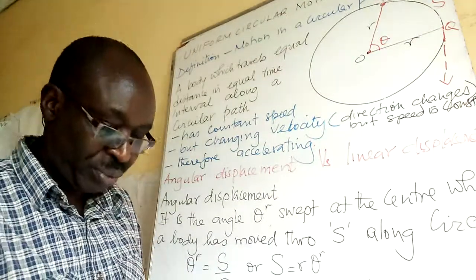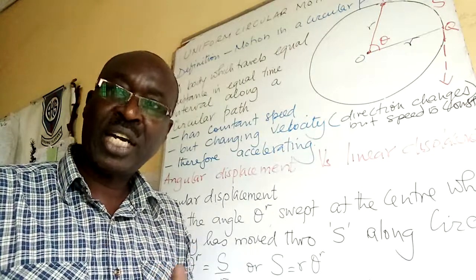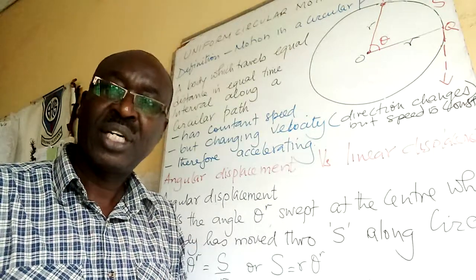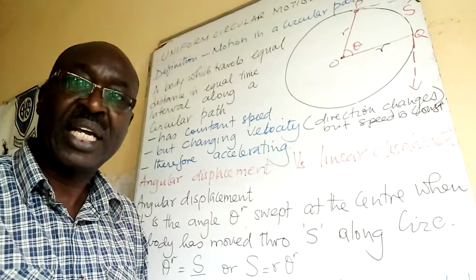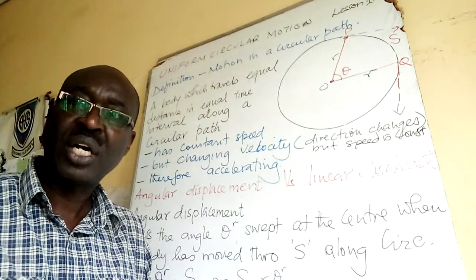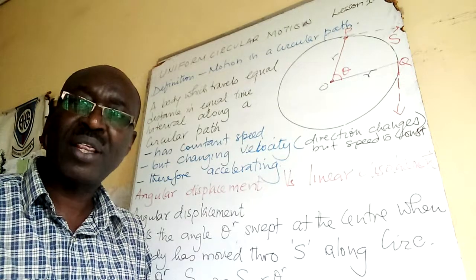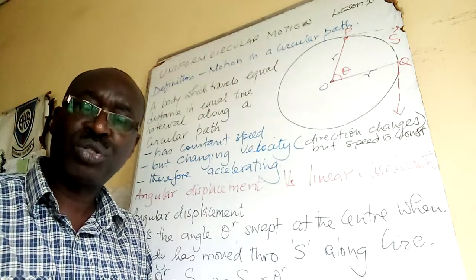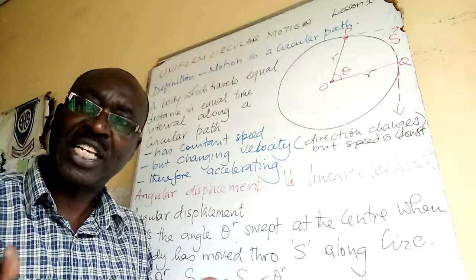Circular motion, in a nutshell, is motion along a circular path or motion in part of a circle.